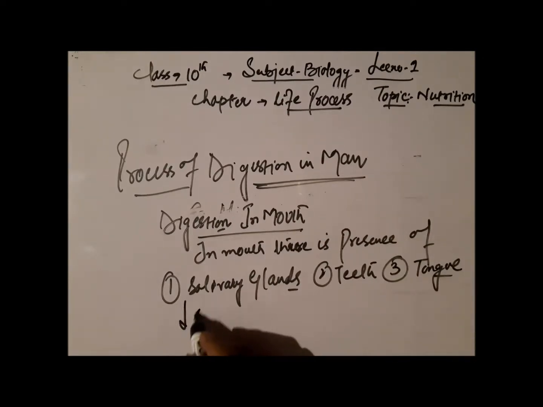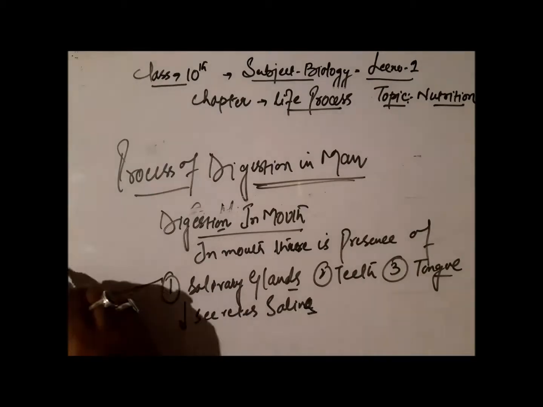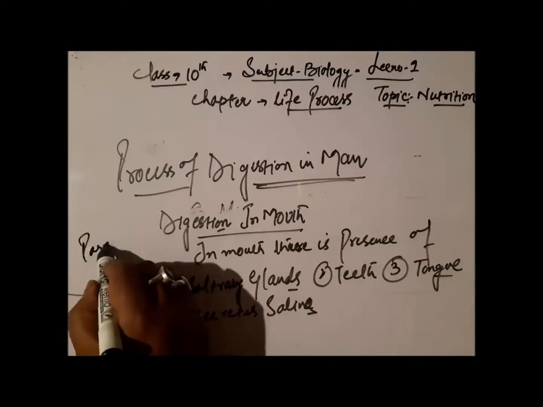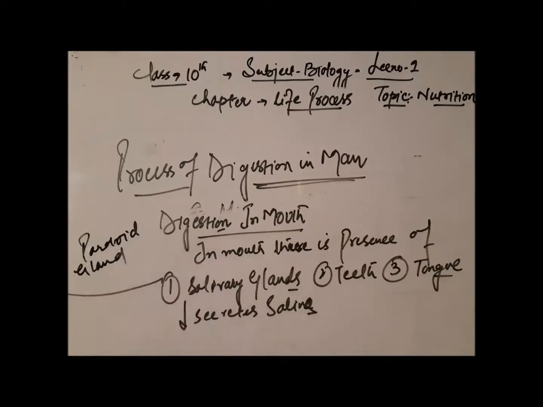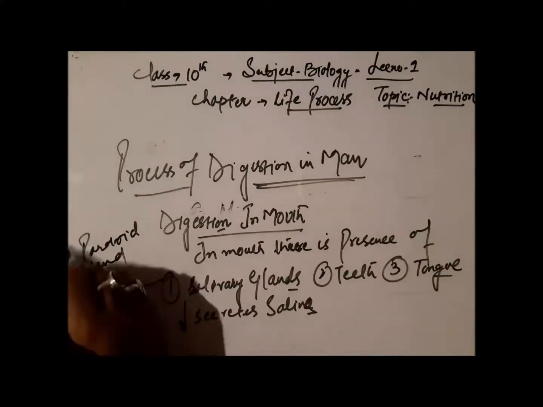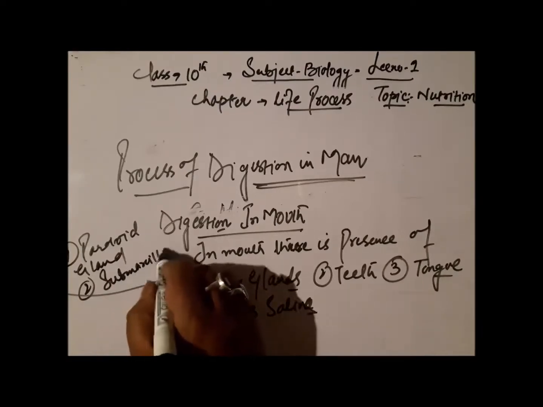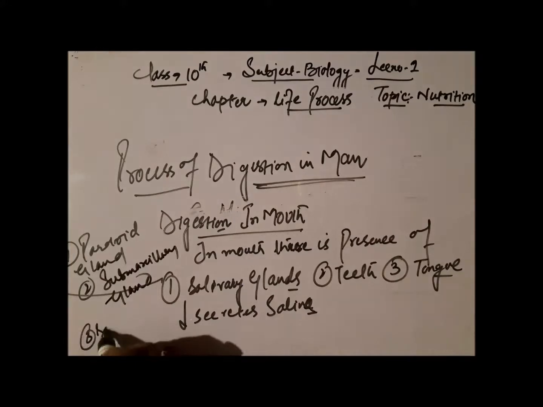Salivary glands secrete saliva, and there are three types of salivary glands: number one parotid gland, number two submaxillary gland, number three sublingual gland.